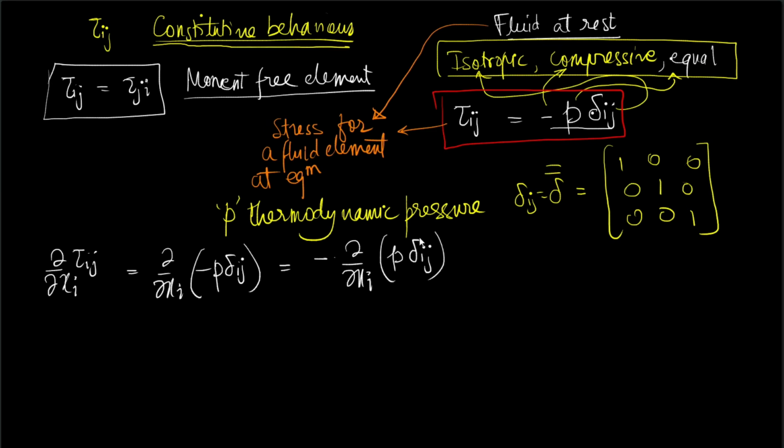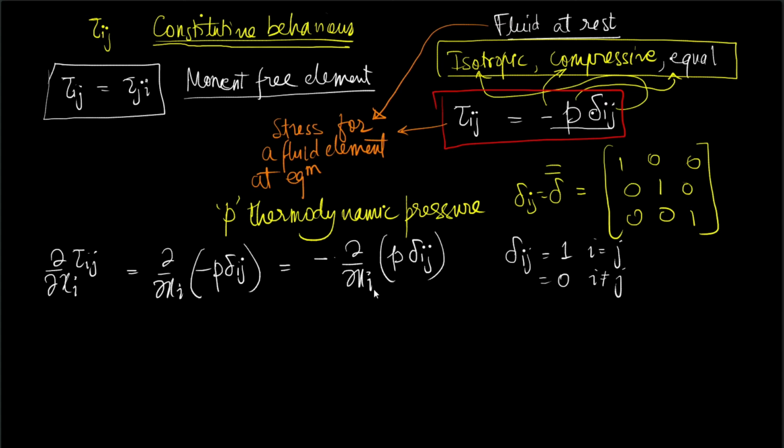Now the property of delta ij is such that it is equal to 1 when i equals j, and it is equal to 0 when i is not equal to j. So this will be non-zero, rather it will be 1, only when i equals j. So we set i equal to j and set this to be 1.